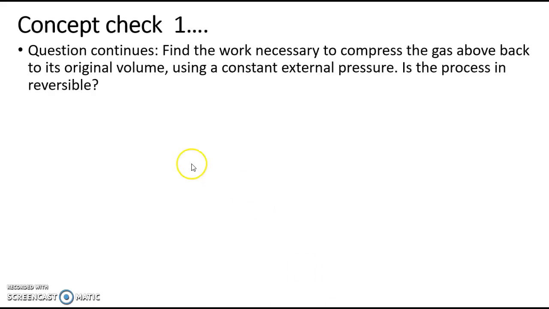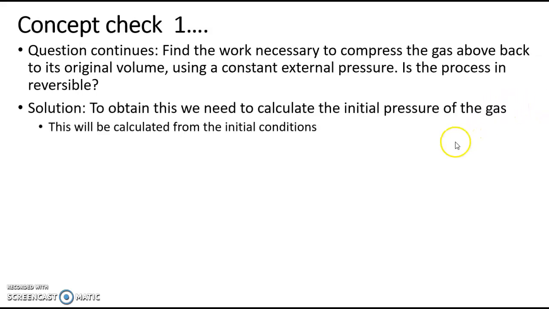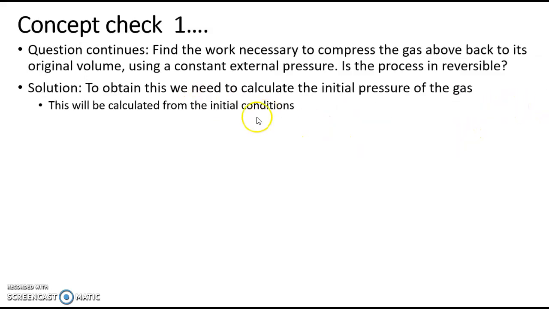The second part of the question is find the work necessary to compress the gas back to its original volume. Okay, to obtain this, we need to calculate the initial pressure of the gas.